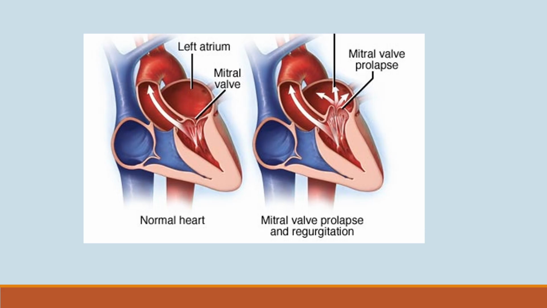You see how they form a hump into the left atrium. And with this hump, the leaflets don't close as well, and hence you will have leakage of blood into the left atrium, what we call mitral regurgitation. So this is prolapse and regurgitation.